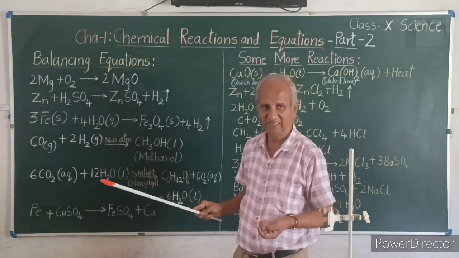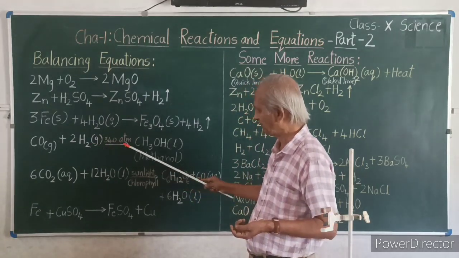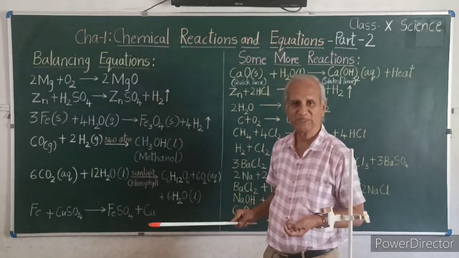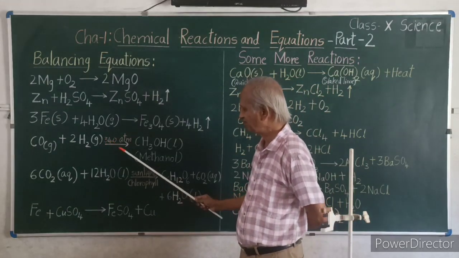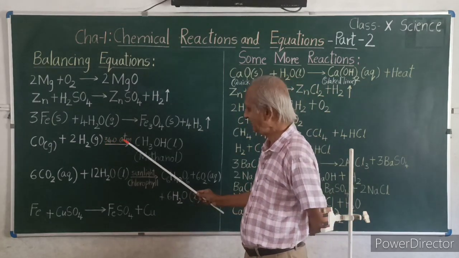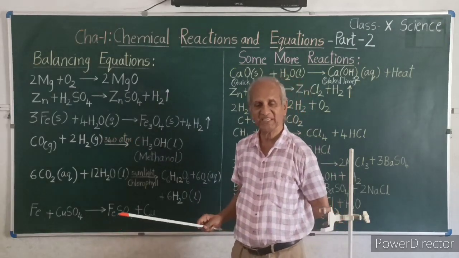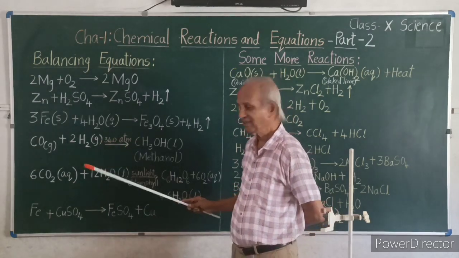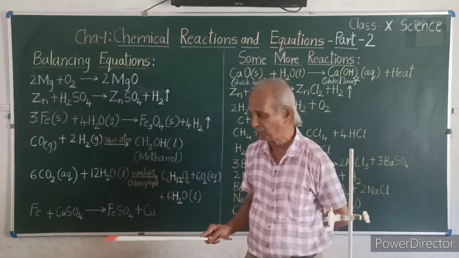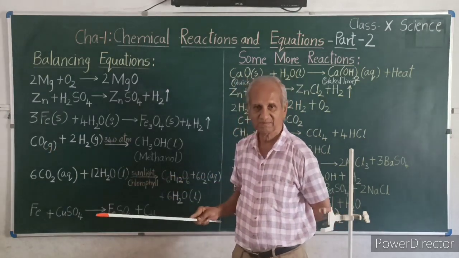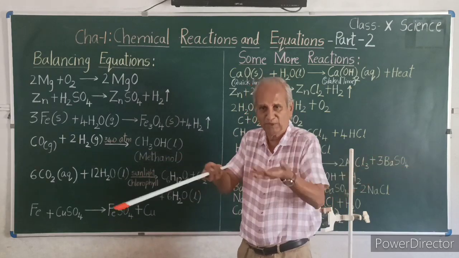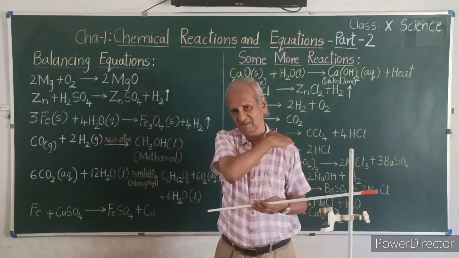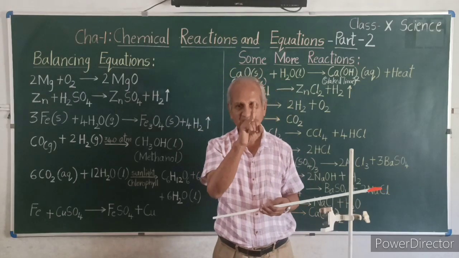Now in this equation, what happens? You have the arrow mark here. Above the arrow mark, we have written another specification: 340 atmospheres. ATM stands for atmospheres. That means you are told how much pressure is required for this reaction to take place. Now the pressure of the atmosphere around us, the weight of the air column on our shoulders, amounts to 1 atmosphere.